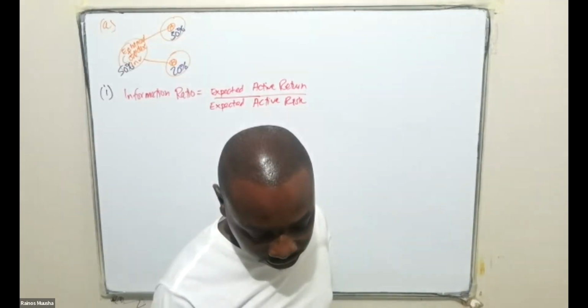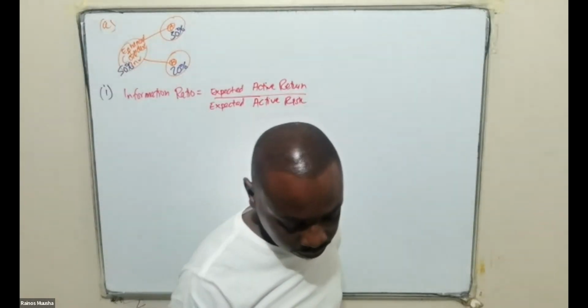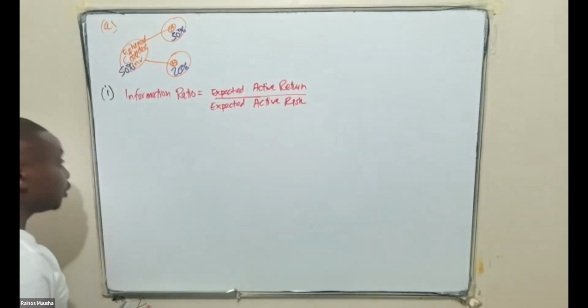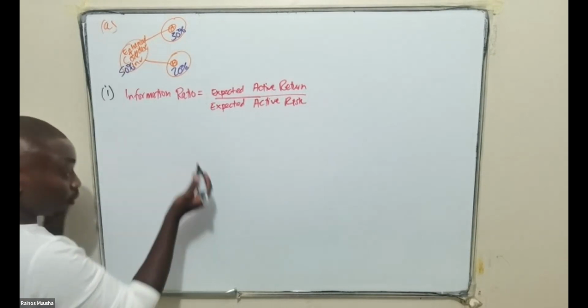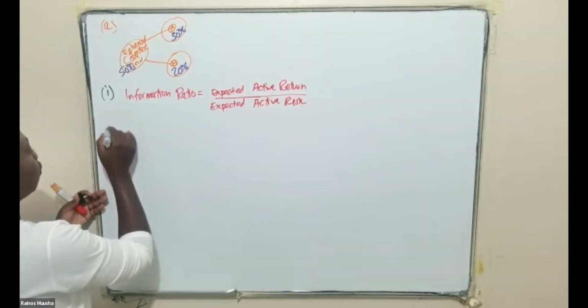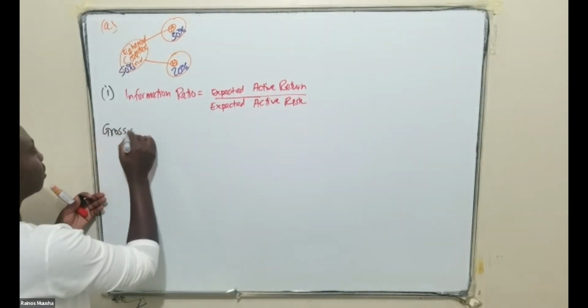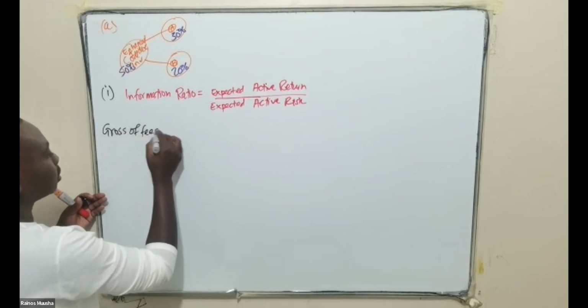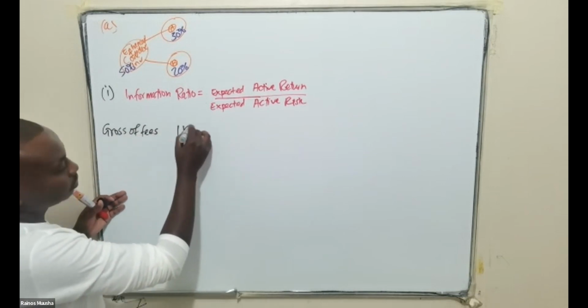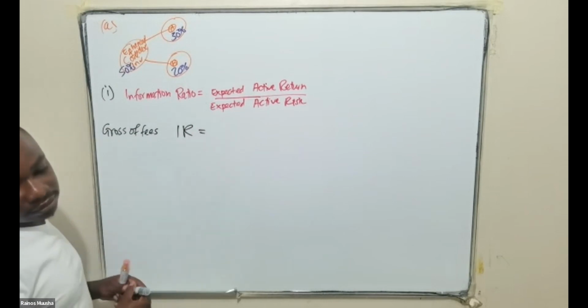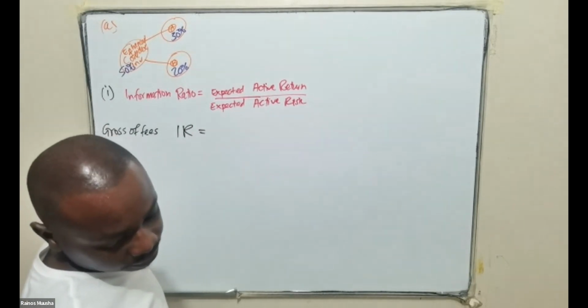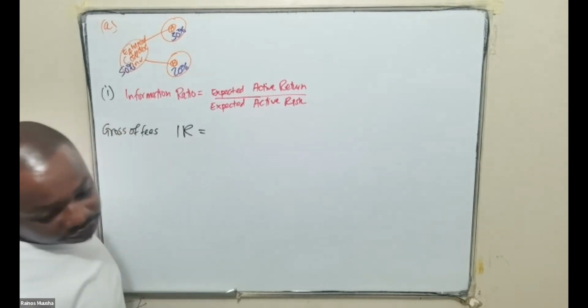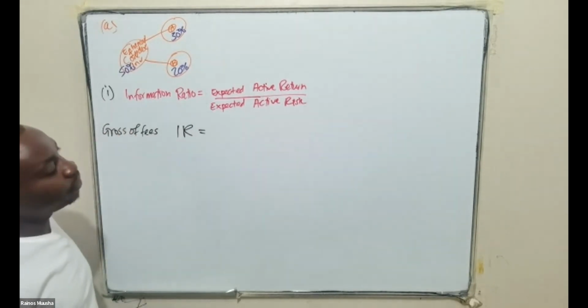So for the core satellite portfolio, if we do the calculation gross of the fees, before we take into account the fees, the information ratio is given as, now remember our expected active return is 2.95%.